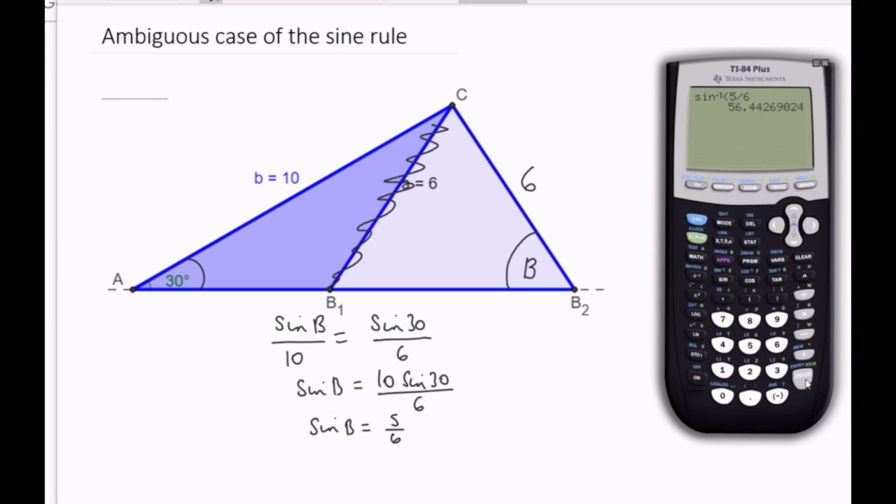Okay, so 56.4 approximately. So that tells us that this angle, and obviously that's an acute angle.